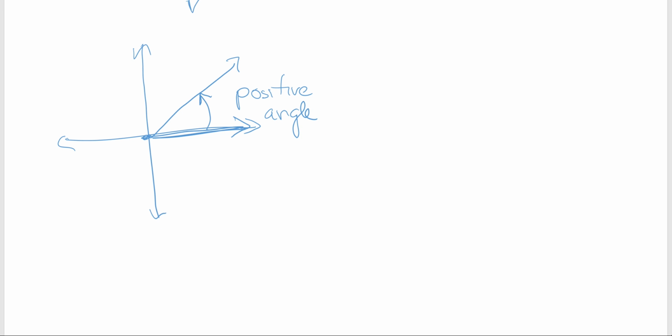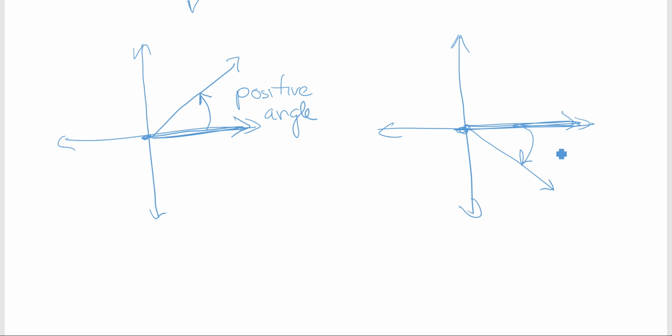And if I draw another set of axes and put an angle in standard position, so that's my initial side, instead, if I look at that angle opening downward, it's considered a negative angle.